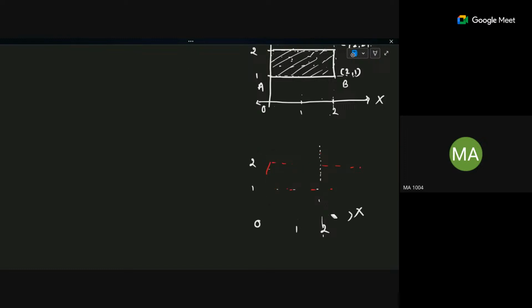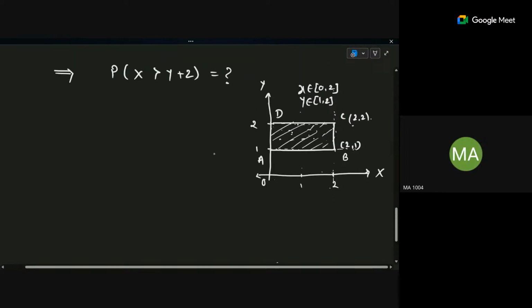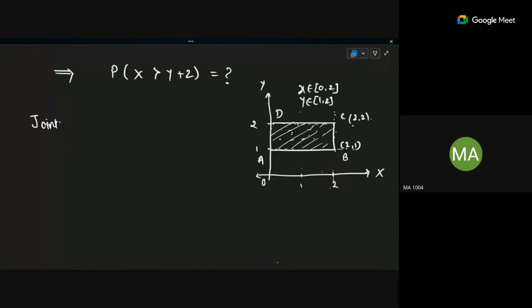So this is our area, and now whenever we have two random variables, the first task is to determine our joint density. So as we discussed, as X and Y are following uniform distribution over D, our joint density Fxy is given as 1 upon area of D, right?